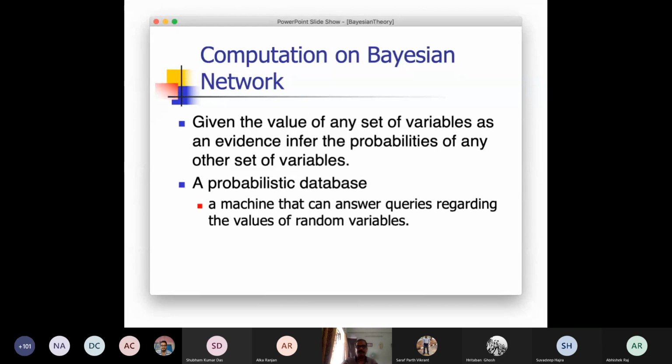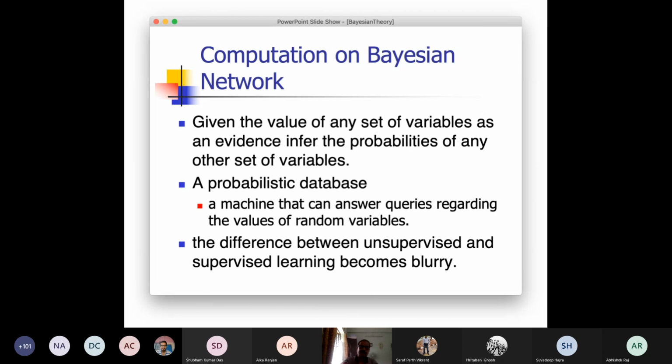As you can see, it is nothing but a probabilistic database. All these parameters are specified to get you the probabilities of different combinations. Because you do not have complete knowledge, only partial knowledge, you cannot say it's always a supervised approach.